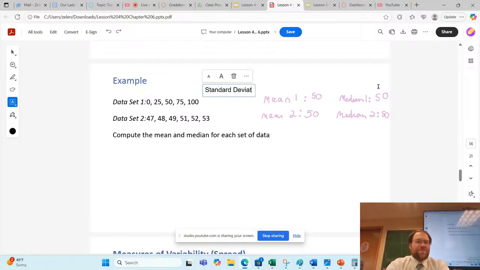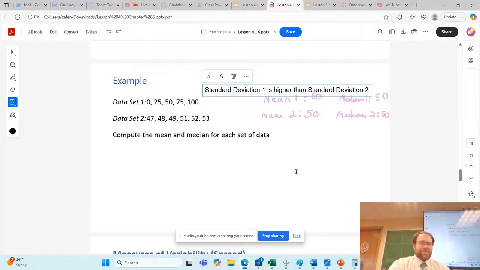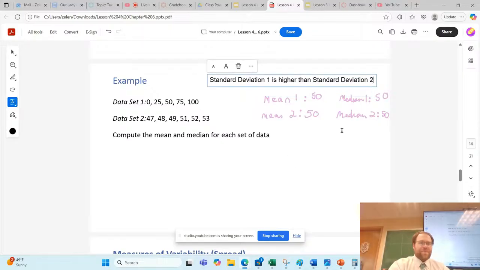Standard deviation of the first set is going to be higher than that of the second set, because the numbers in the first set are more spread out. Standard deviation is the thing we can use to measure how far apart values are in a set of data.